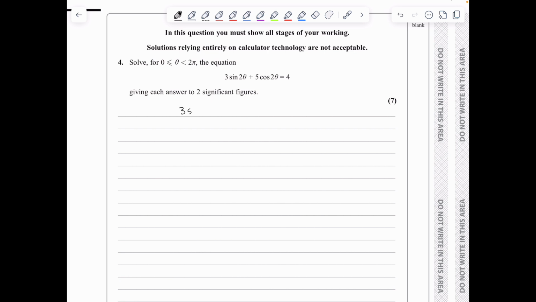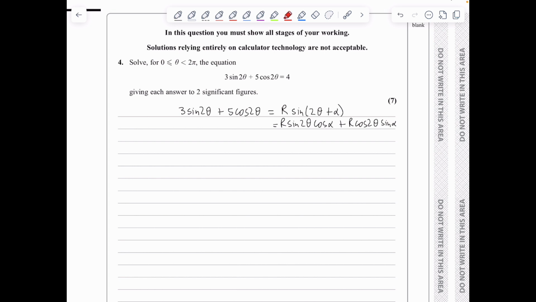So we've got 3 sine 2 theta plus 5 cos 2 theta is equal to R sine of 2 theta plus alpha, and the objective is to find R and alpha. Well, on the right hand side, I will be expanding this using the addition formula for sine A plus B, leading to R sine of 2 theta cos alpha plus R cos 2 theta sine alpha.